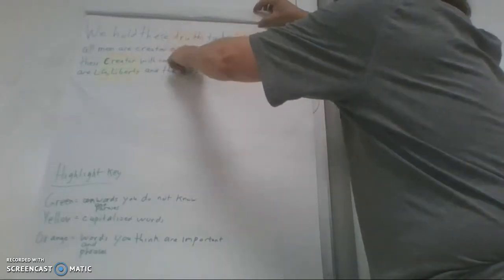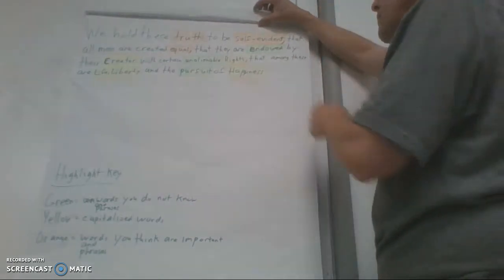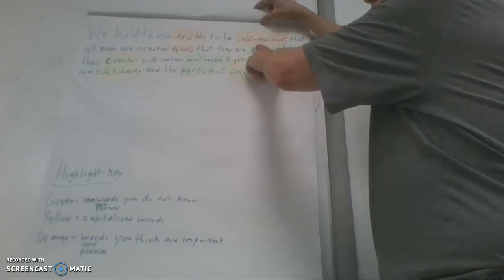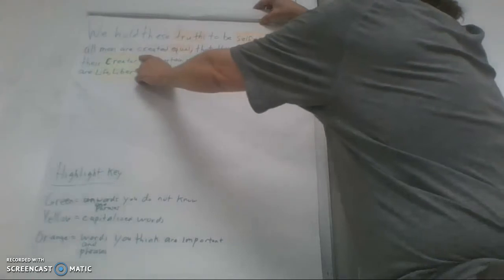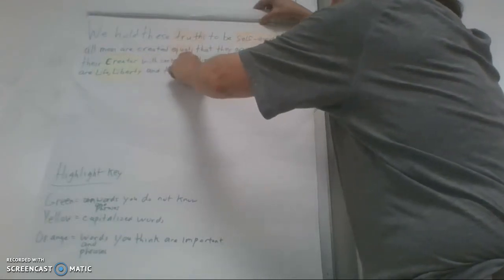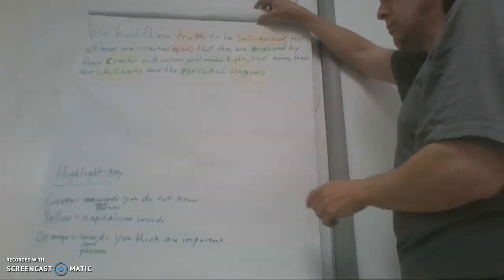I thought truths was the most important part of that phrase. I thought "self-evident" was important, and self-evident means obvious. Another one I did was "all men are created equal," with equal being the most important because they're saying that everyone is equal.